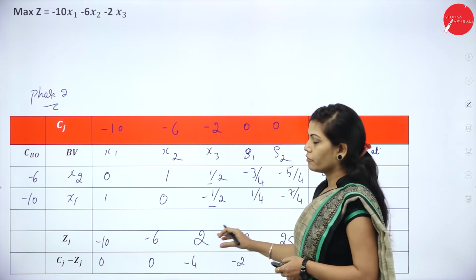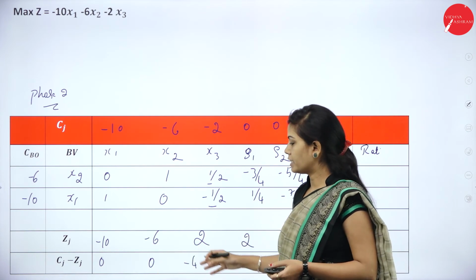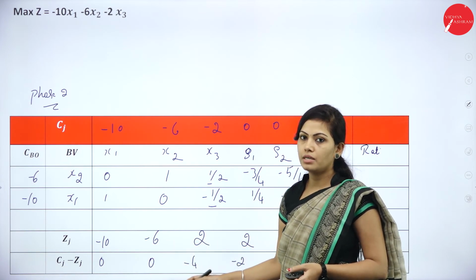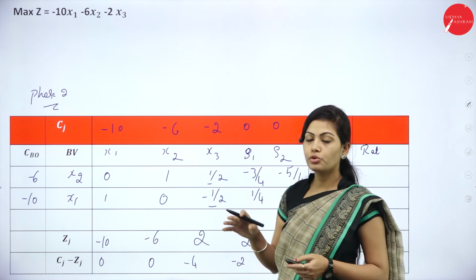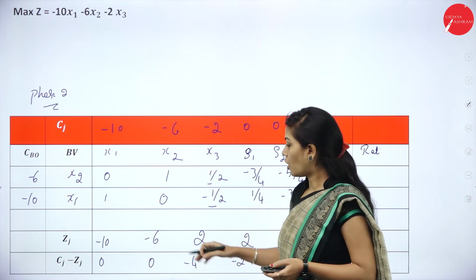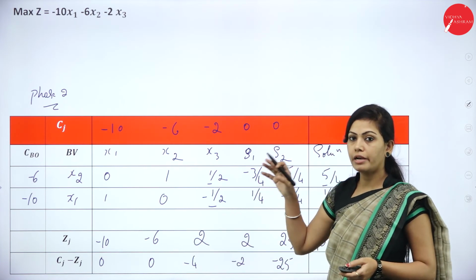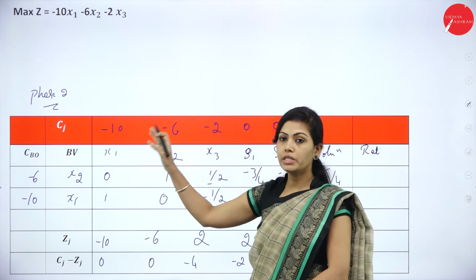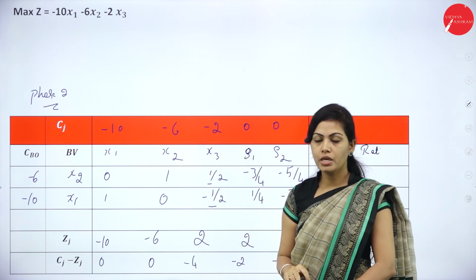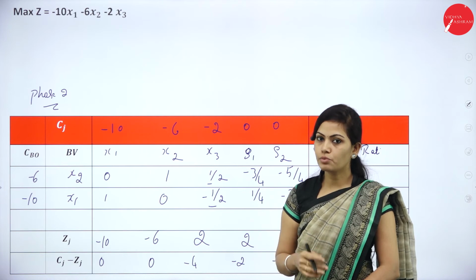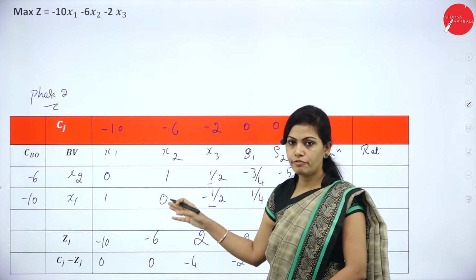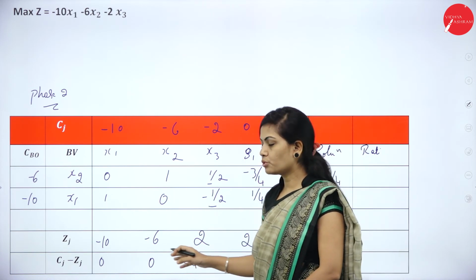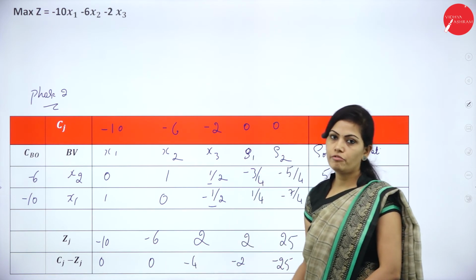So here we got negative values as well as 0 in the last iteration, that is phase 2. In phase 1, we get all 0 values, and we have to use the 0 coefficient except for the artificial variable. So after finding phase 1, we can find the second phase, phase 2. In phase 2, we will get 0 and negative values.